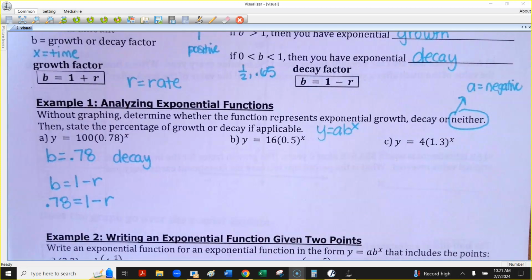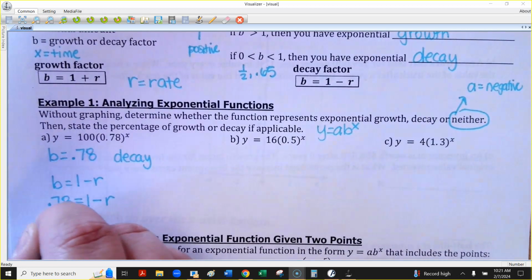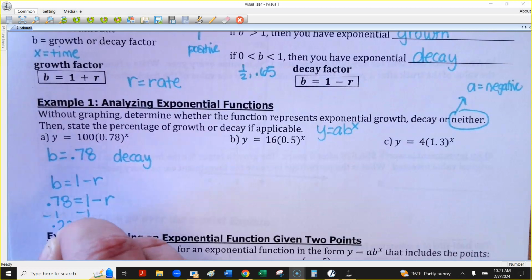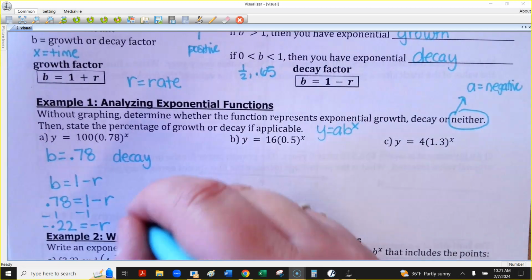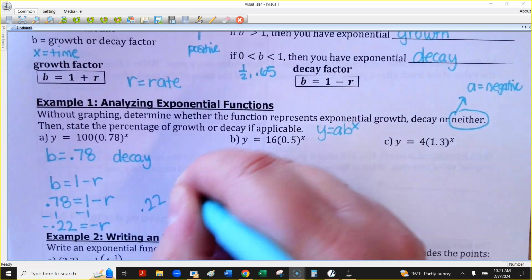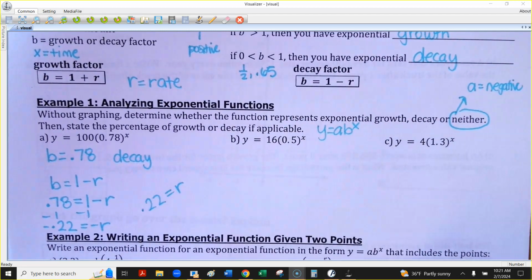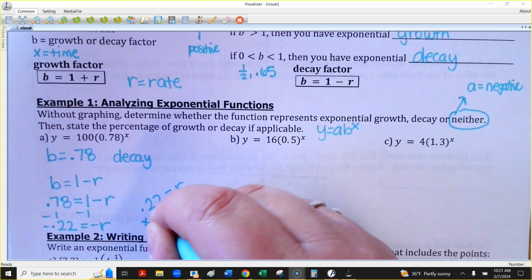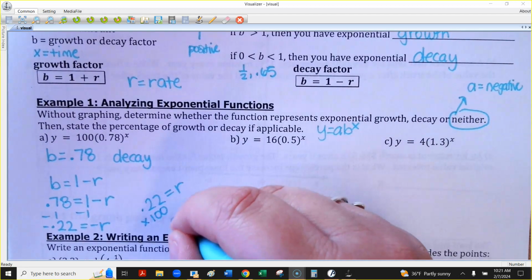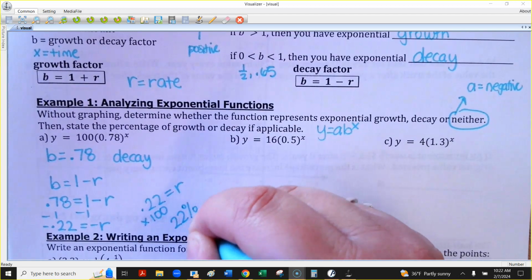If it's decay, it's going the other direction. So if I subtracted 1 here, this would be negative 0.22 equals my negative rate. So 0.22 would be the rate. The negatives on either side would cancel out. And then, just like Kai said, you just multiply that by 100 to get the percentage. So this would be 22% for the decay.